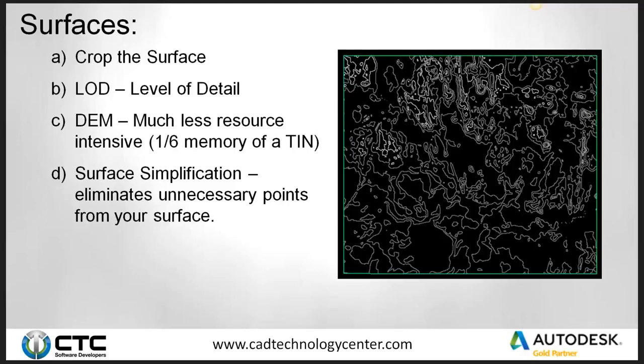And then surface simplification. It basically eliminates unnecessary points. So if I have a cluster of points, and I might have 100 points in there, and they're all measuring 100 feet for an elevation, it will actually eliminate the majority of those points because they're unneeded. They're irrelevant because I can get rid of them and my tin's still going to look the same.